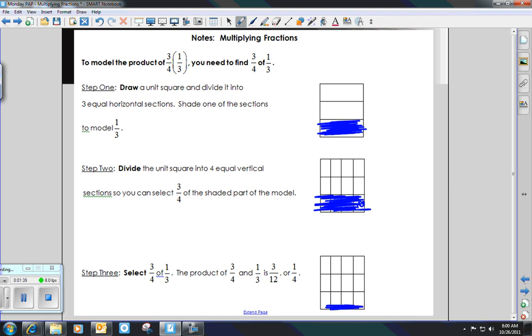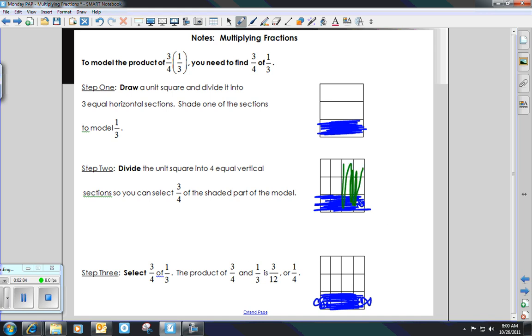I'm going to shade 1/3 out of every picture. So using my horizontal lines and my terrible coloring skills, I am going to shade 1/3 of each of those pictures. Now, the ones that I have also separated into fourths, I'm going to shade 3/4 of that, but I'm going to do it in a different color so you can see.